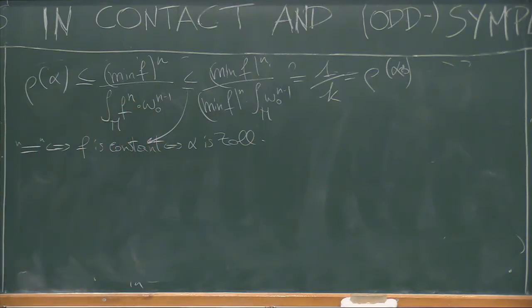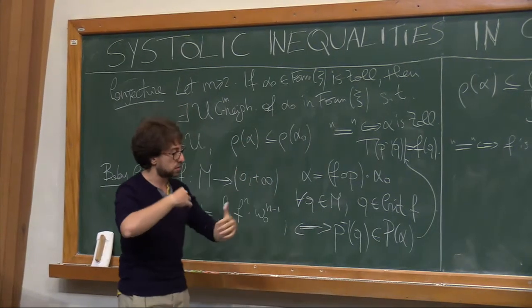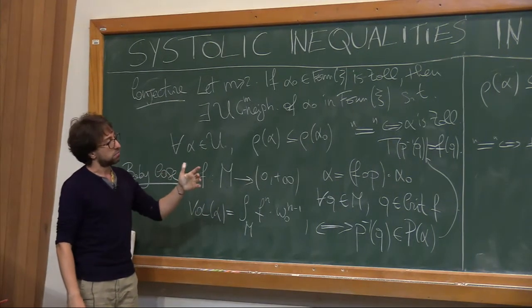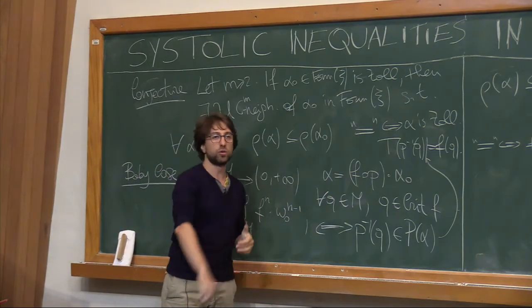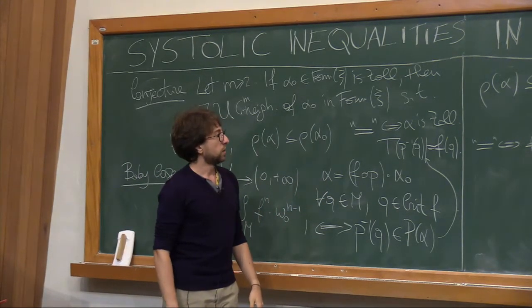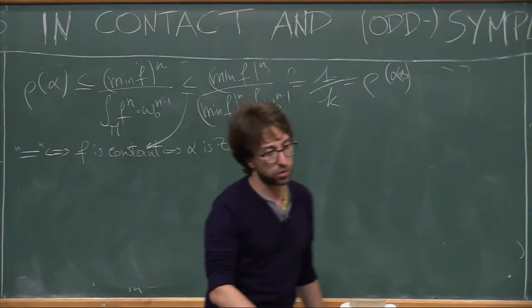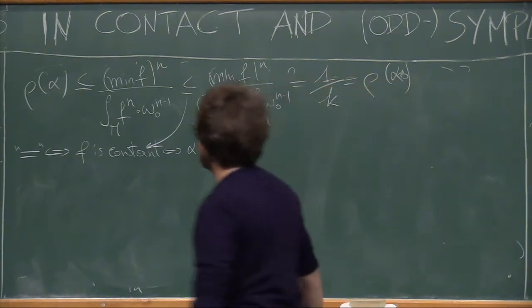So this is the idea for this special class of contact forms, and what Alvarez-Paiva and Balacheff did in trying to prove the conjecture is to approximate an arbitrary contact form with such contact forms to higher and higher order. So this is the idea why the conjecture is expected to be true.